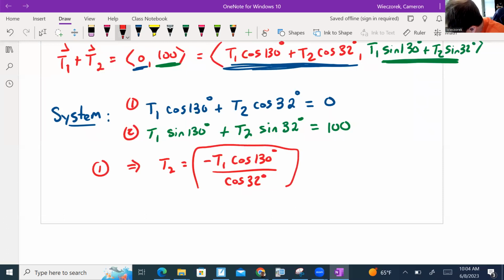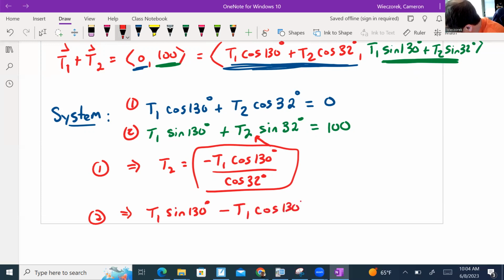And then I can pick this expression up and substitute it in for T2 in the second equation. So then equation 2 would imply, with this substitution, T1 sine 130 plus, let's see, we'll end up with minus T1 cosine 130 over cosine 32 equals 100.